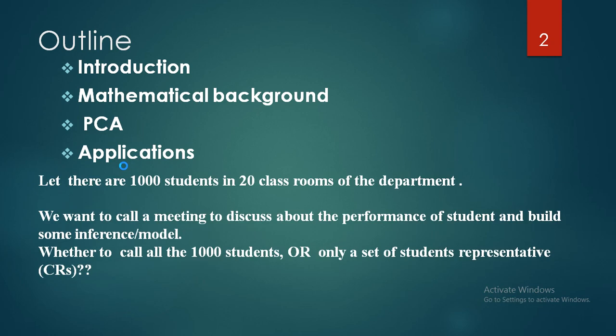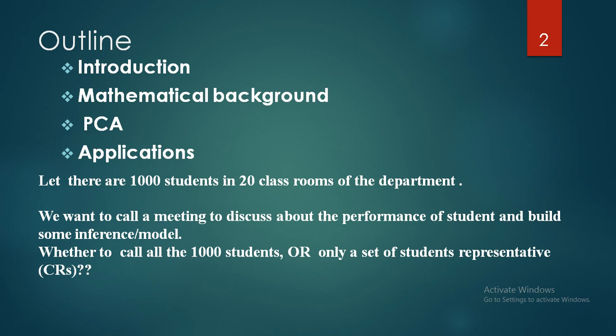Let us consider that there are 1000 students in 20 classrooms of the department, and we want to call a meeting to discuss the performance of the students and to build some model or inferences. Now the question is, shall we call all the 1000 students or shall we call only a set of representative students?